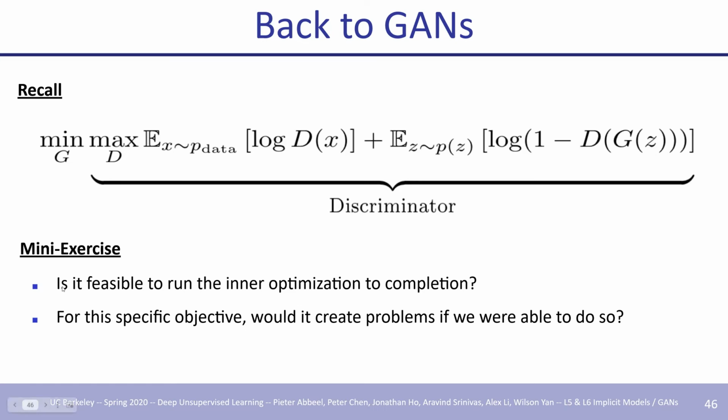So Peter asked the question: is it feasible to run the inner optimization only the k steps in the algorithm? Is it possible to just keep running this until the discriminator is really, really good, or very sure, and then say, well, let's run the outer one after that?